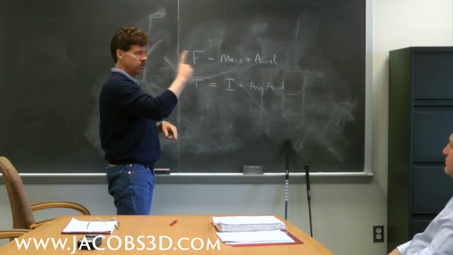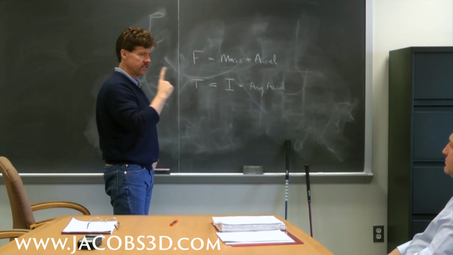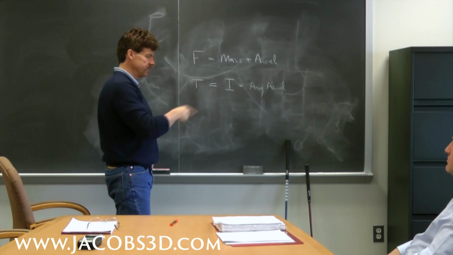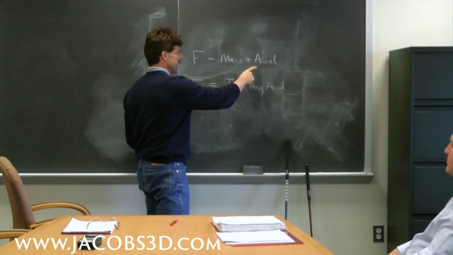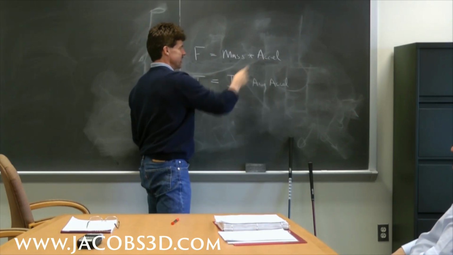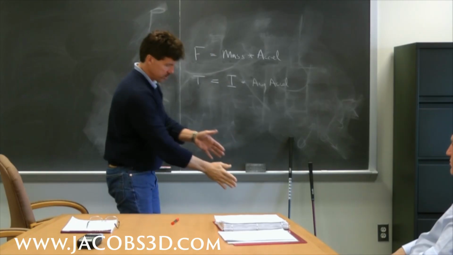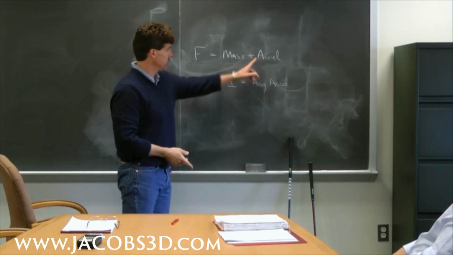So if something goes in a circle with a constant speed, it's still accelerating. And the direction of that acceleration is towards the center of curvature. Essentially, it's the acceleration that happens when you change the path of something. It points towards the center of curvature. So that's actually a big deal.